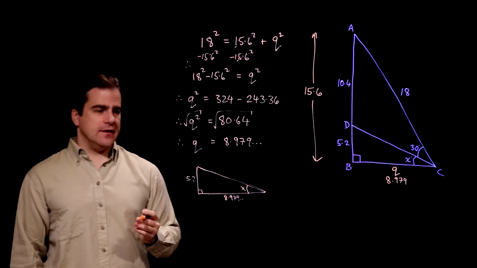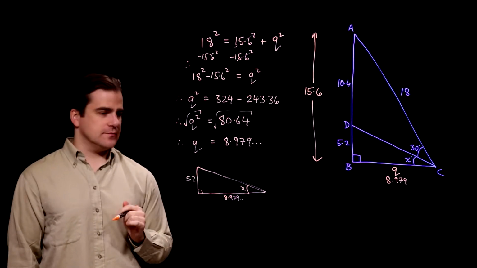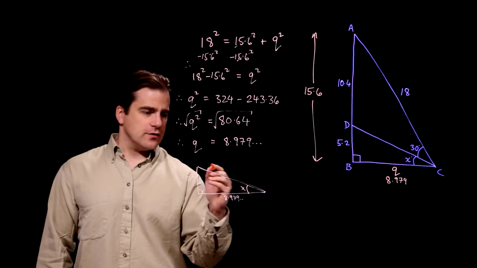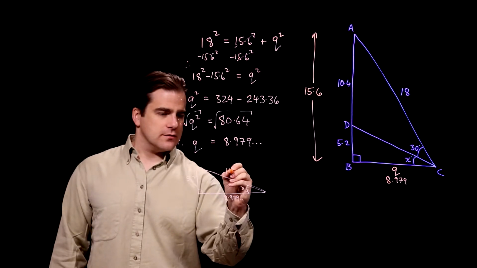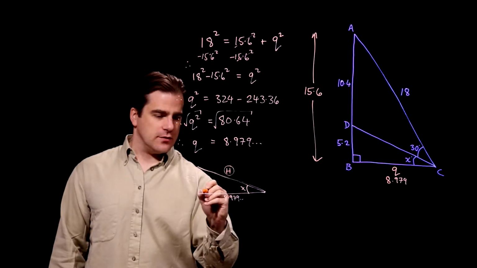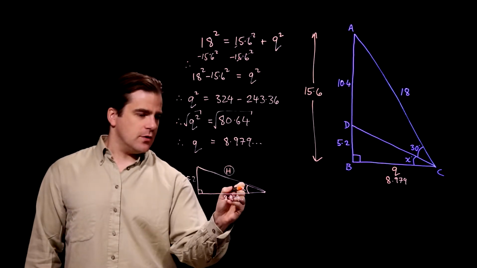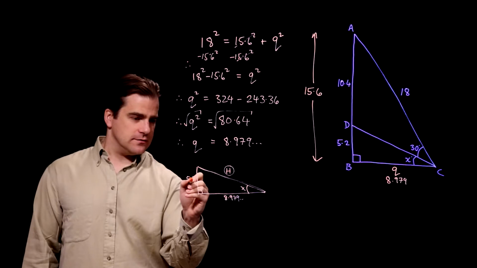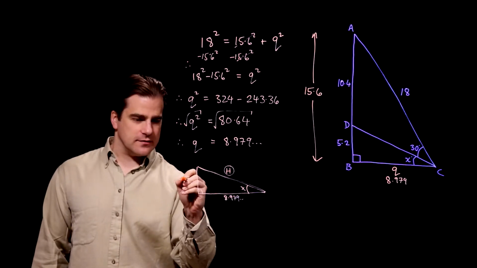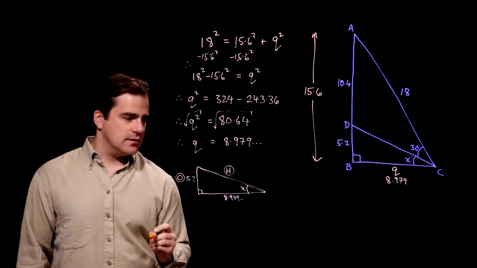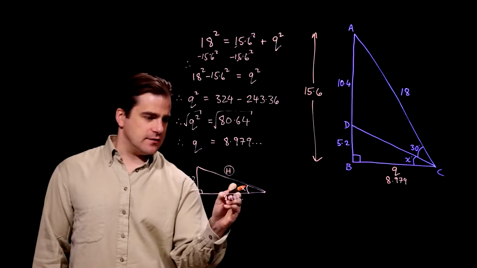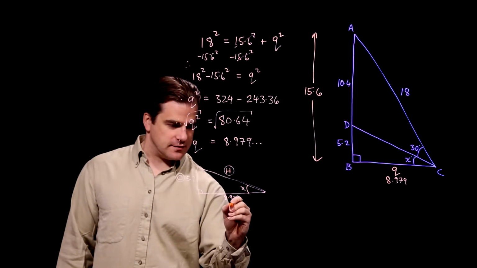Right, first thing, label the sides. The longest one is always the hypotenuse, the one opposite the right angle. The one opposite our angle of interest is the opposite, and the one touching the right angle and the angle of interest is the adjacent.